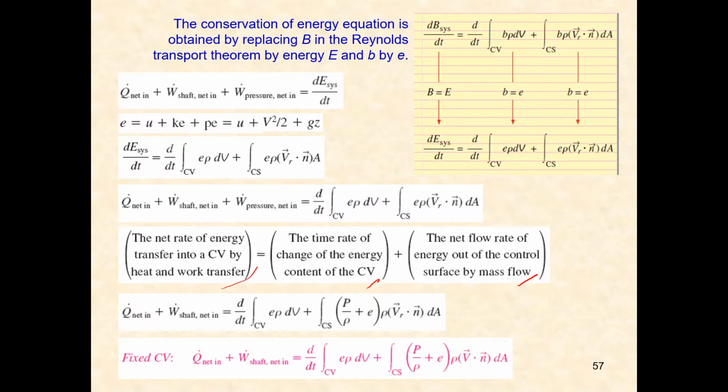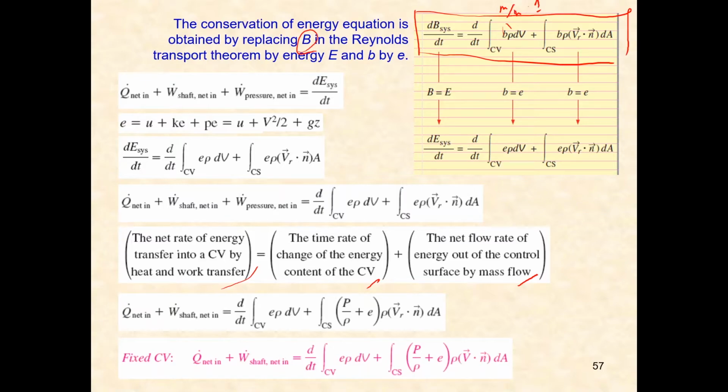This is the generic equation of the Reynolds transport theorem, and before this, we already used it for conservation of mass, where we substituted B with mass. The lowercase b is B per unit mass, which for mass is mass over mass, equals 1.